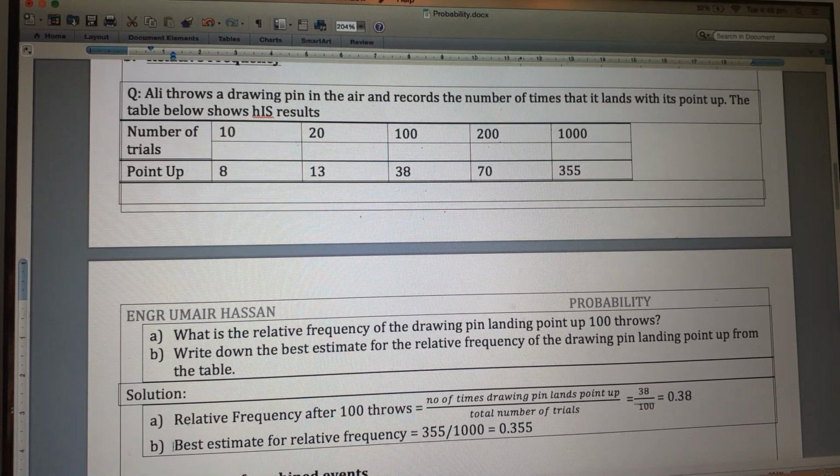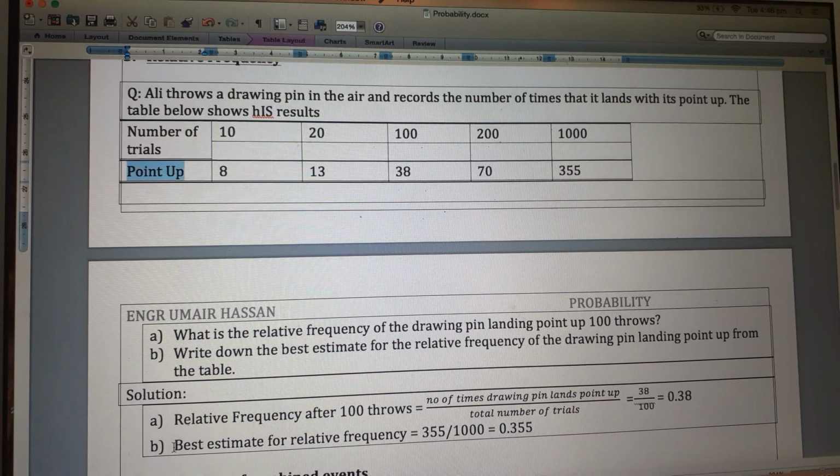Now write down the best estimate for the relative frequency of the drawing pin landing point up. In order to find the best estimate for relative frequency, you will have to go for the maximum number of trials, that is 1000, and out of these 1000, 355 times it will point up.